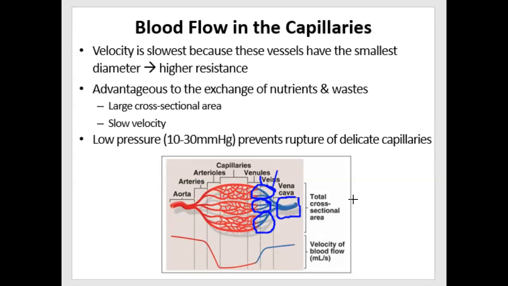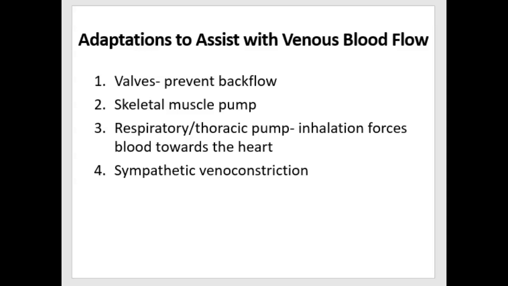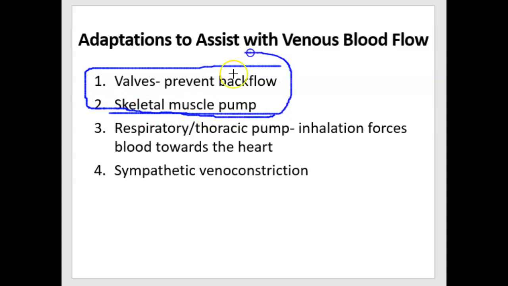And so the blood gets pushed upwards towards the heart, in part due to the fact that our veins have valves, and the valves prevent backflow. In addition, we have a skeletal muscle pump, and I'm going to show you a picture of that, which relates to the valves.